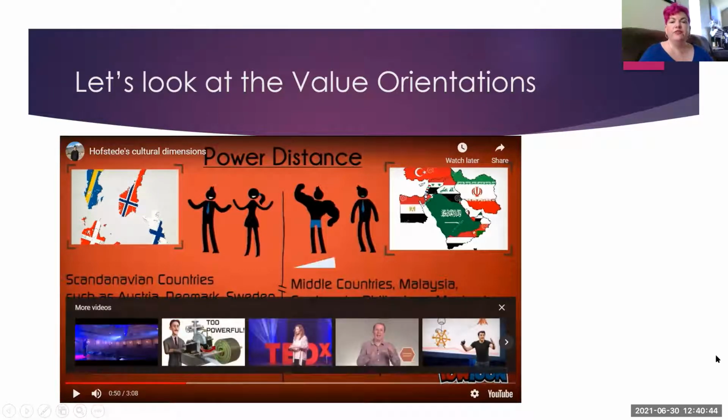If you notice, they will give examples of the different countries that either greatly value one of these categories or do not. If you think about countries, they show here the Scandinavian countries, they really want everyone to have equal types of power, versus the Middle Eastern countries or Malaysia, Myanmar, they really have a big gap between those who have power and those who do not.